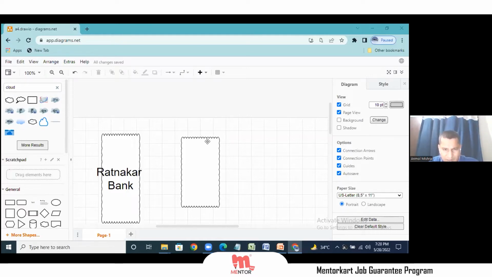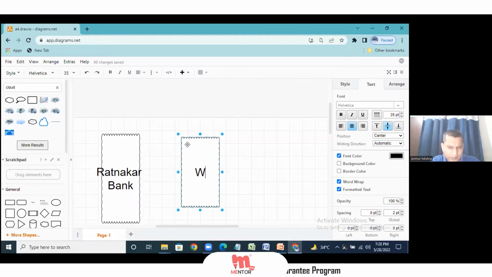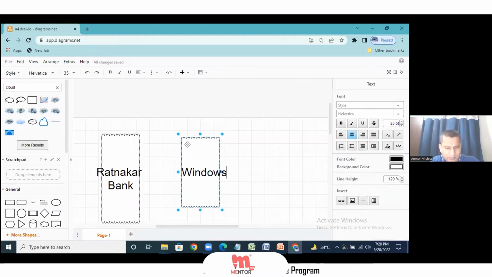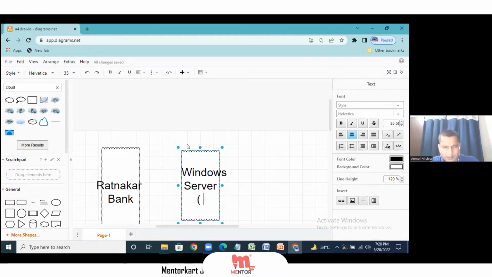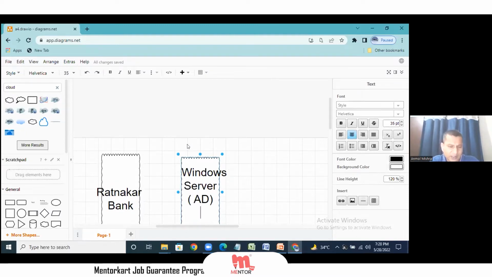One solution that I guided him is, please purchase some servers, for example Windows server. For what? For AD. AD, very good. Otherwise, we should explain in detail afterwards. Windows server AD, and for mailing, Exchange.